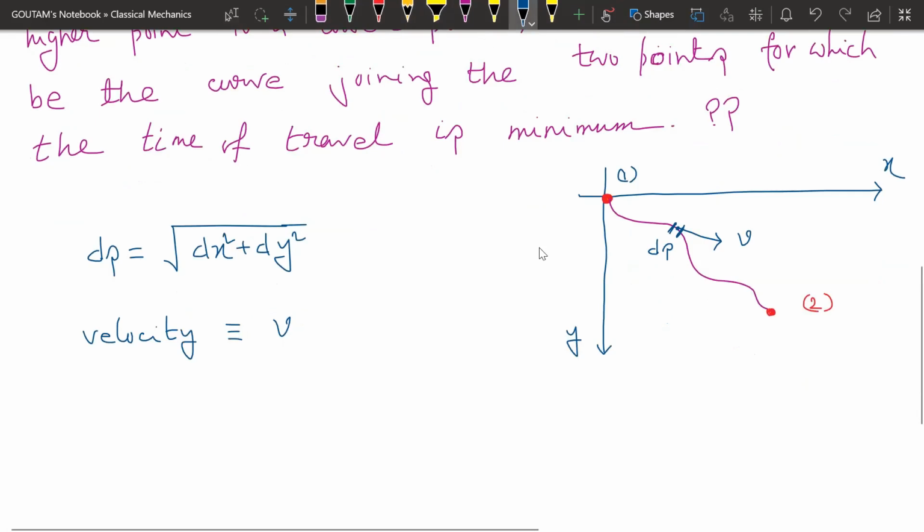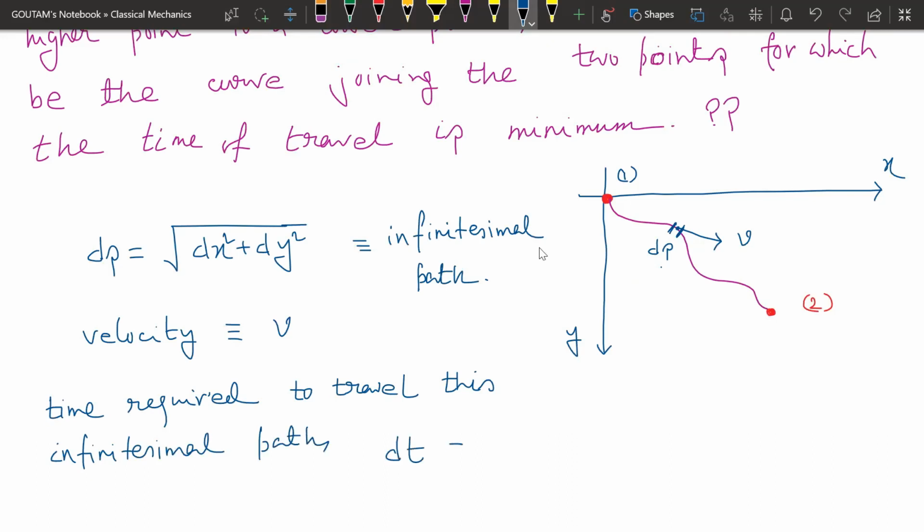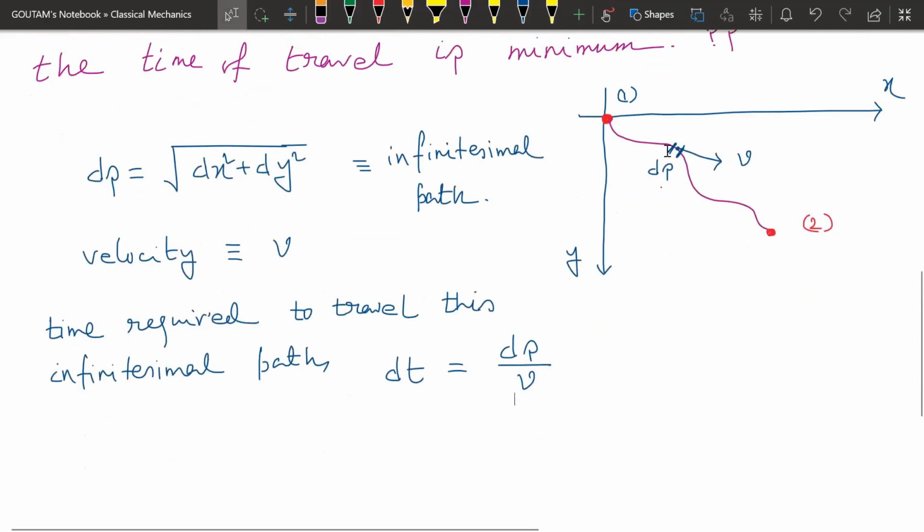So the time required to travel this infinitesimal path, where ds is the infinitesimal path, meaning very small, tending to 0, will be dt equals ds by v. ds is the distance traveled and v is the velocity.